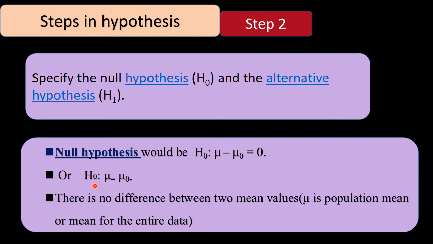The null hypothesis means there is no difference between the population mean and the sample mean. If we subtract the sample mean from the population mean, we get 0. That is called the null hypothesis.